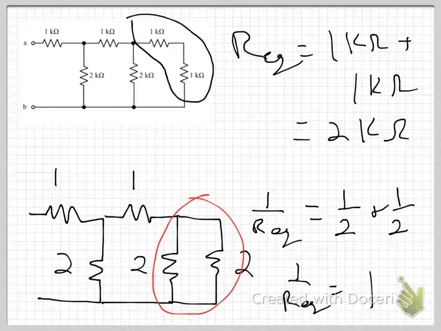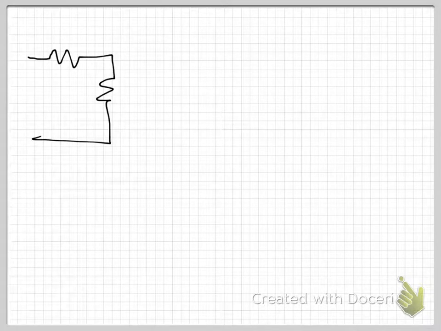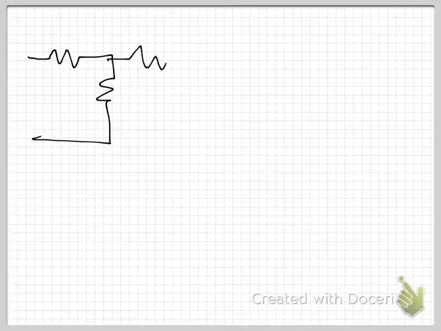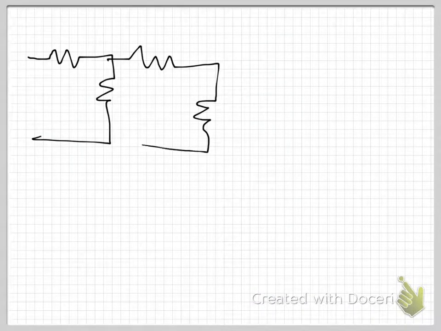Let me go to a different page to do that. So I'll have this situation. So here's my 1 kilo ohm, here's a 1 kilo ohm, here's a 2 kilo ohm, and I'll circle it in a different color.